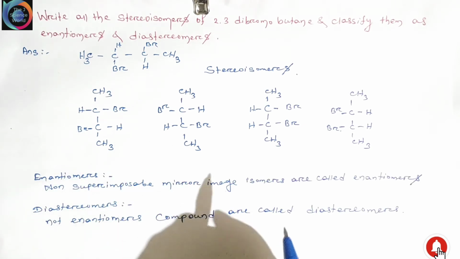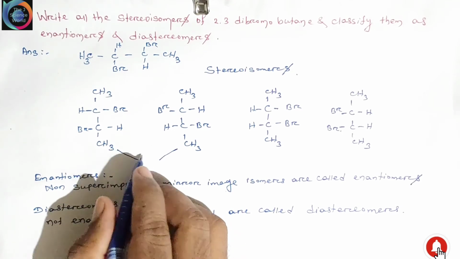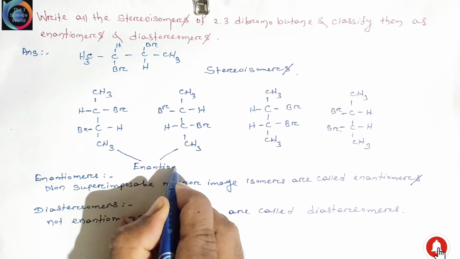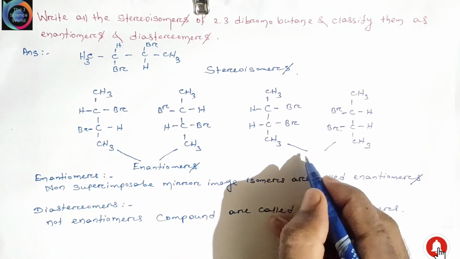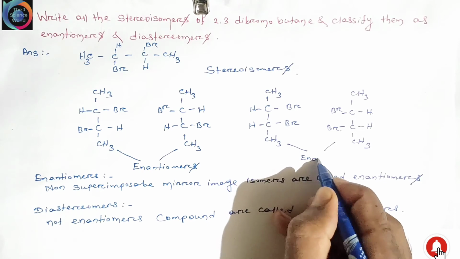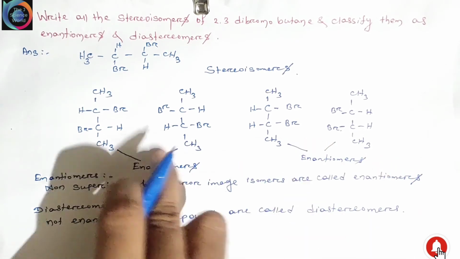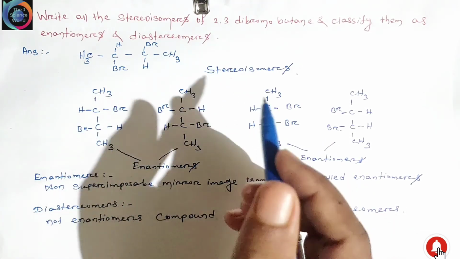Let me show you. This pair is enantiomers, and this pair is also enantiomers. So there are 2 pairs of enantiomers among the stereoisomers of 2,3-dibromobutane.